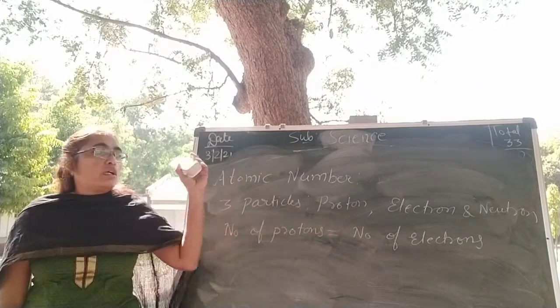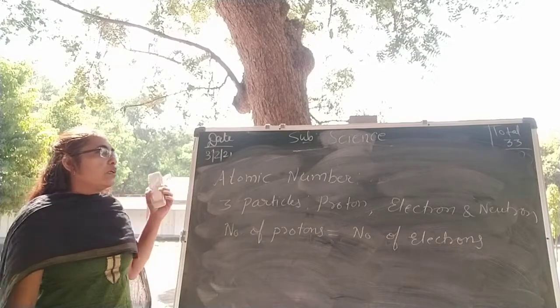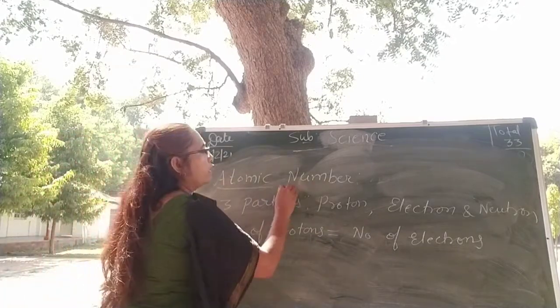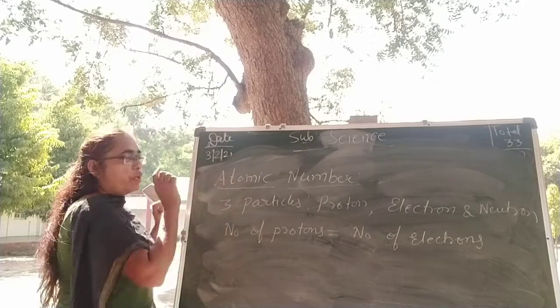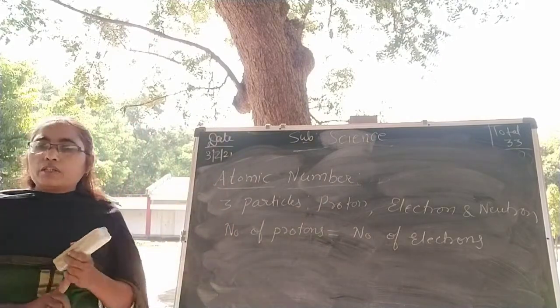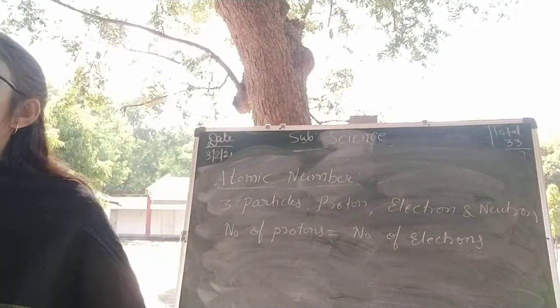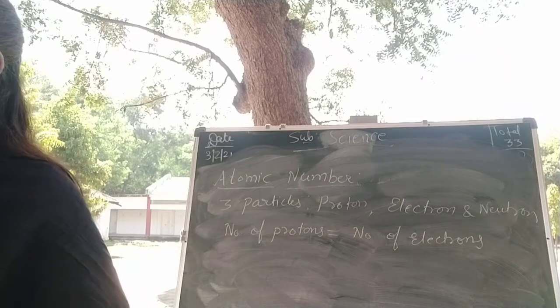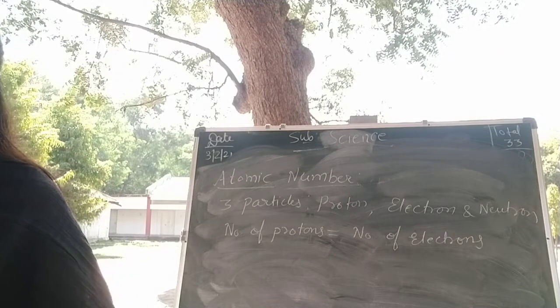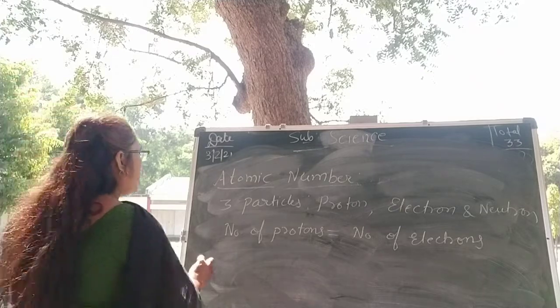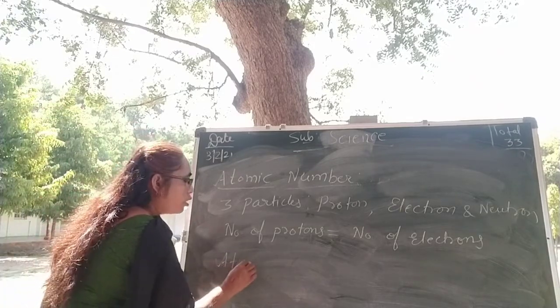Got it? So now, what is atomic number? Atomic number is the number of protons present in an atom. Clear? Atomic number is what? Number of protons.